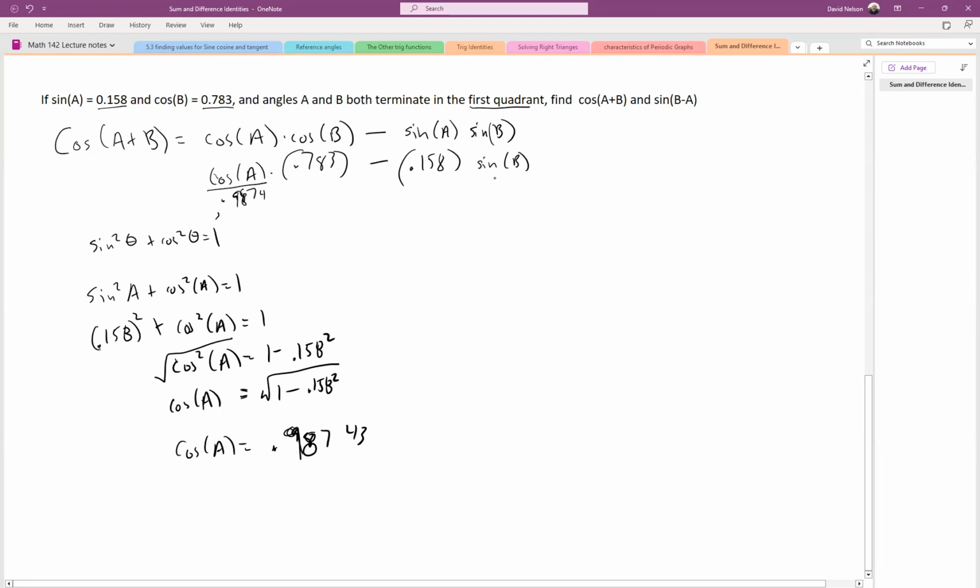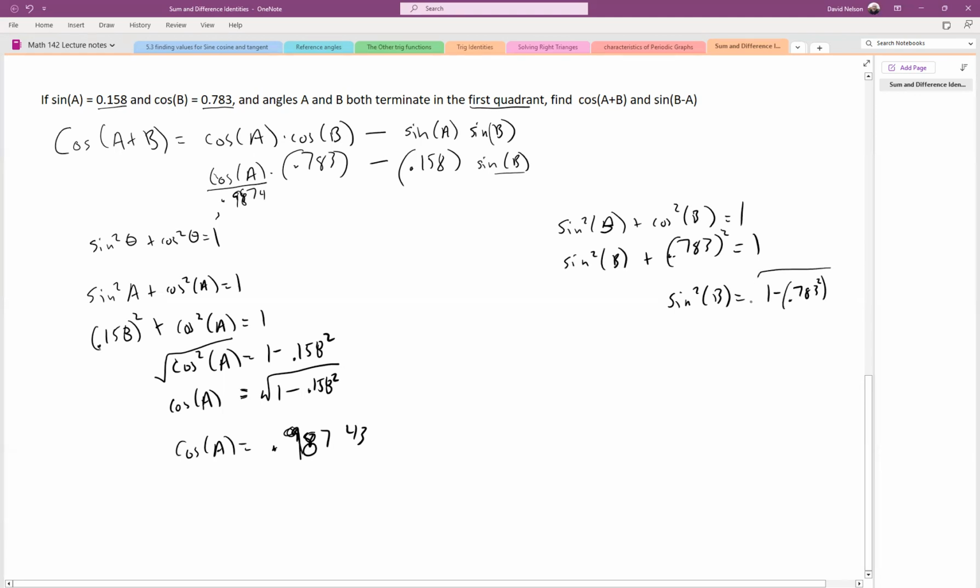But I also need the sine of B, and I can do the same kind of trick. I know that sine squared of B plus cosine of B, quantity squared, is equal to 1, and the cosine of B is 0.783. So sine squared B plus 0.783 squared equals 1, or sine squared B is equal to 1 minus 0.783 squared.